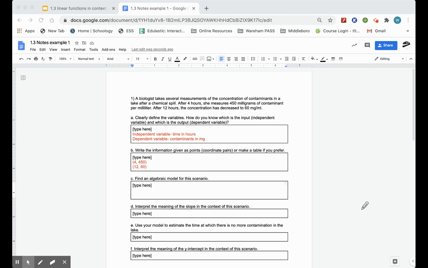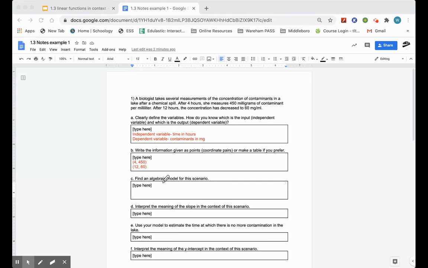So when I divide those, I'm going to get negative 48.75. Now, what does that mean? That's the milligrams per milliliter every hour. So it's decreasing 48.75 milligrams per milliliter.